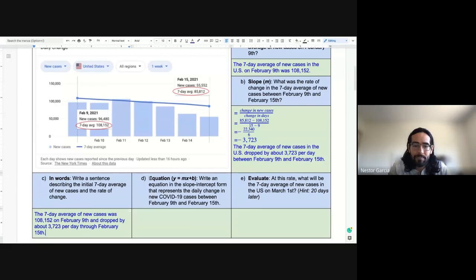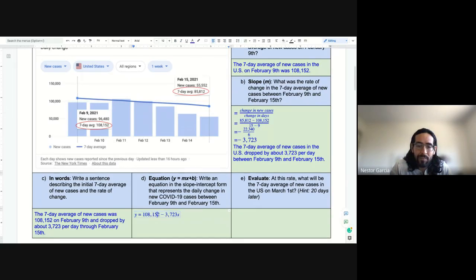Now part D. To write an equation in the slope-intercept form that represents the daily change in new COVID-19 cases between February 9th and February 15th, we're going to use this format, y equals mx plus b. However, recall that I tell you in real-world situations, I prefer to think of this as y equals b plus mx. Start with the y-intercept.